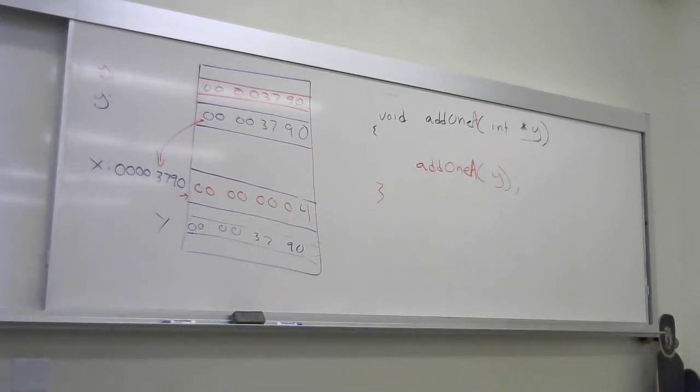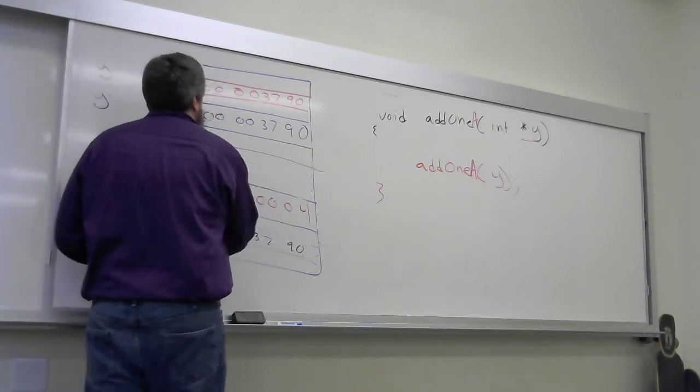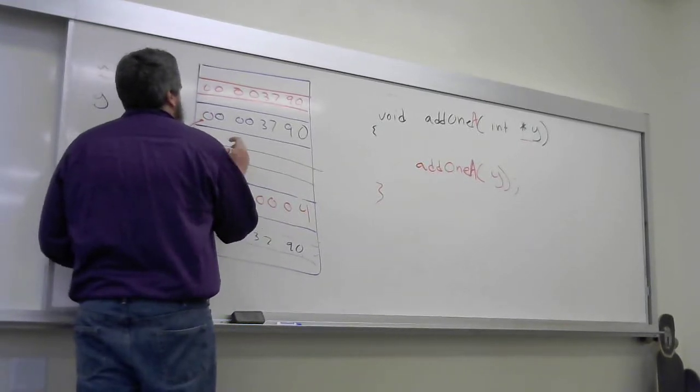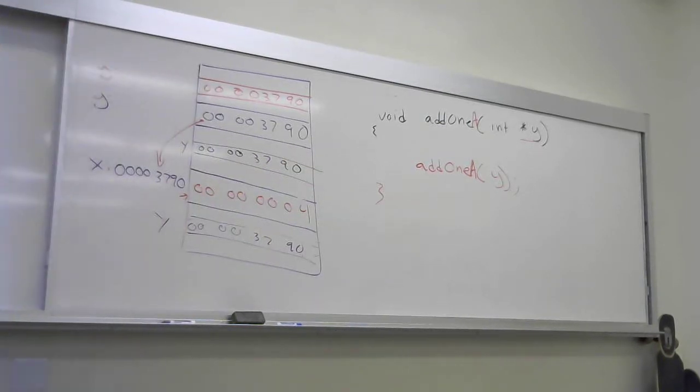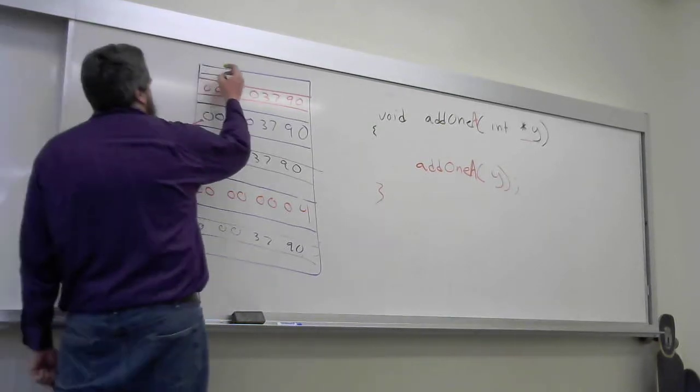It calls add 1A again, which makes another Y. What does that add 1A do? Calls add 1A again, which does what? Makes another Y.